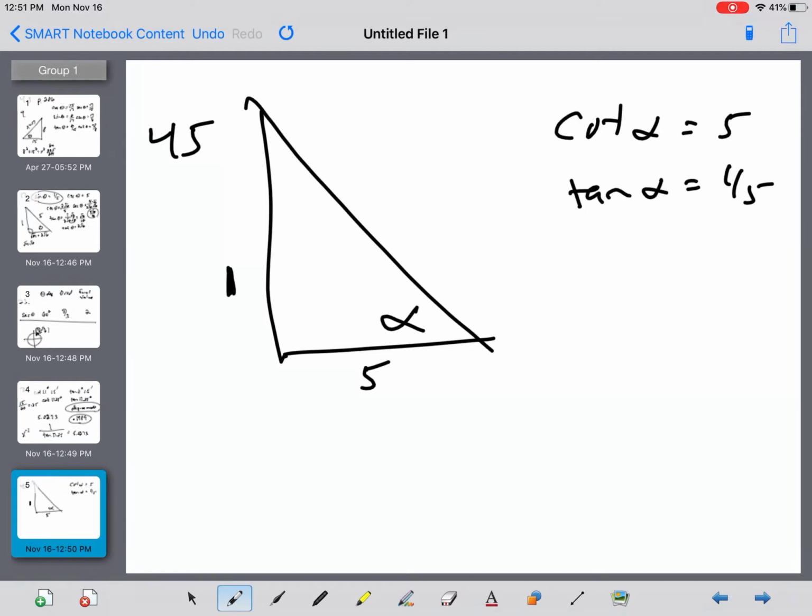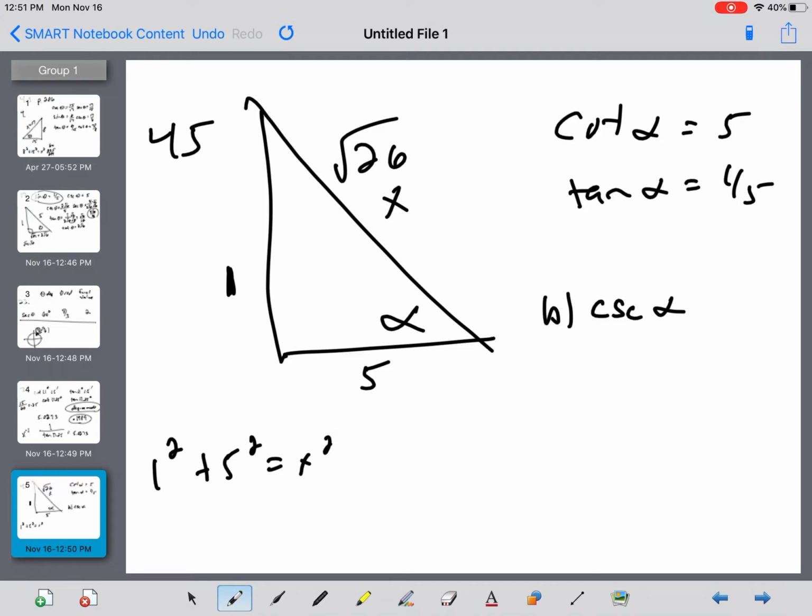For 45, that's part A. Part B, they want to know the cosecant of alpha. Well, again, 1 squared plus 5 squared equals x squared, that missing hypotenuse. So this turns out to be the square root of 26. So the cosecant is going to be root 26 over the opposite, which is 1. For part C, this is a little bit tricky.